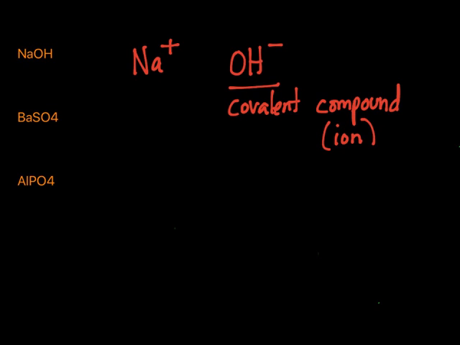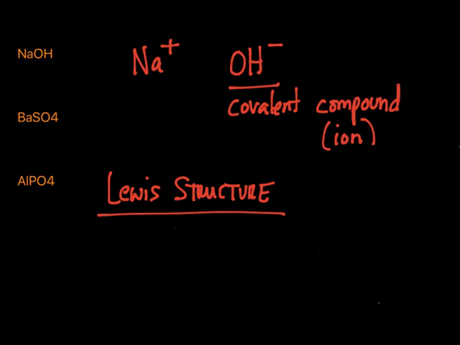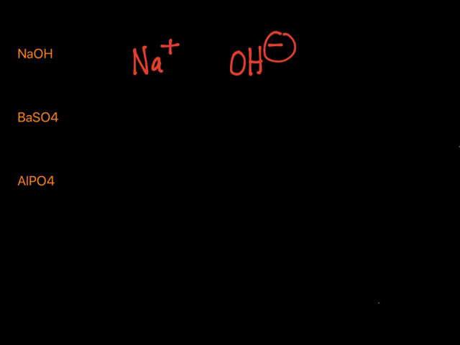Okay, so let's practice Lewis structures. Oxygen has 6 valence electrons, hydrogen has 1. That's 7 electrons plus the negative charge, so 8 electrons we have to show in our Lewis structure for hydroxide. Here is our skeletal structure first. We had 8 valence electrons to start with.